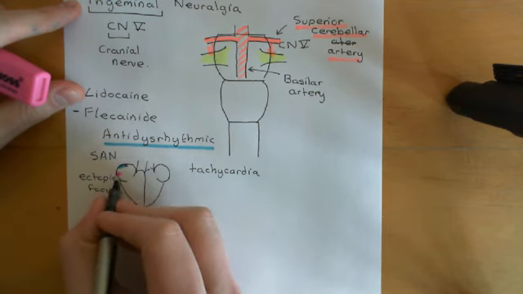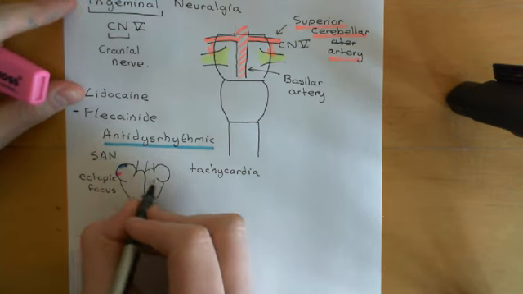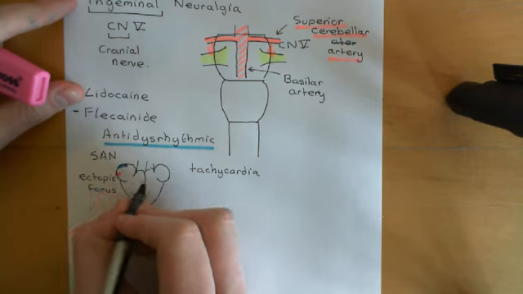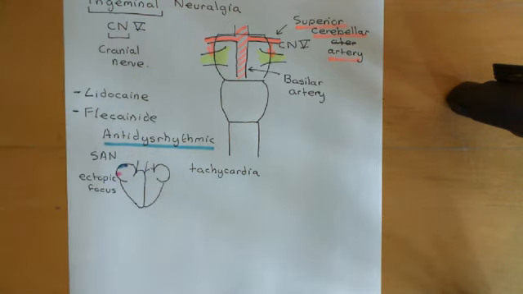If that portion is now suppressed, then the normal healthy cells of the sinoatrial node can go back to discharging action potentials at their normal rate, and therefore they won't be in this overdrive. They will now be driving the heart normally, and your heart rate will go back to normal.